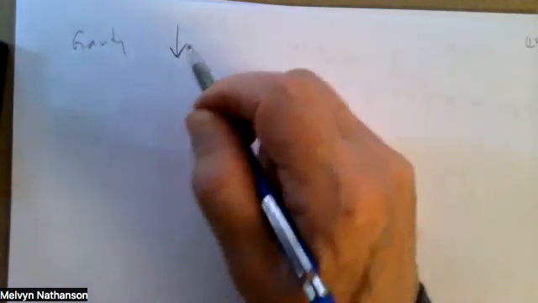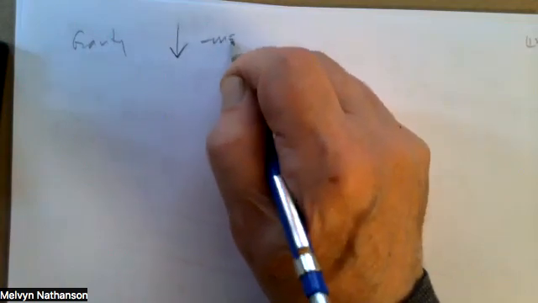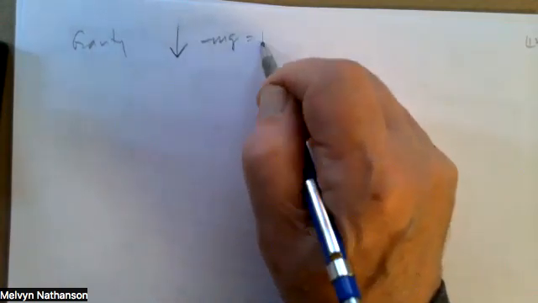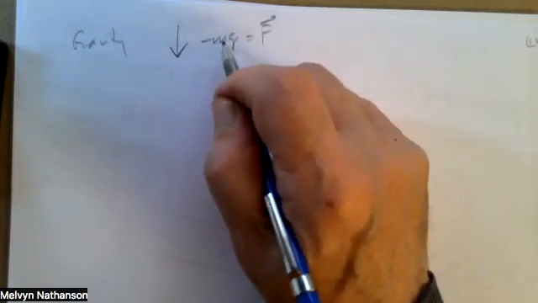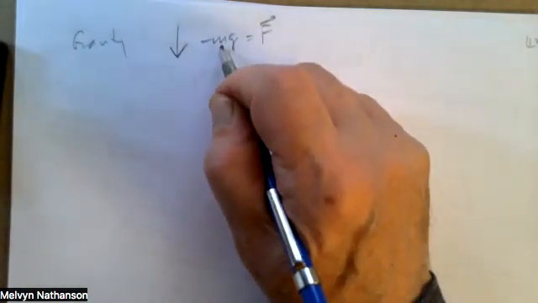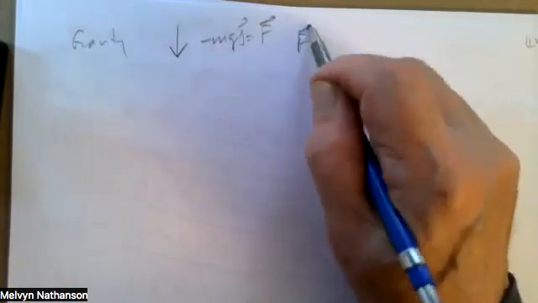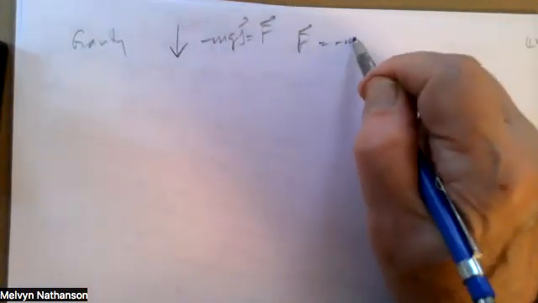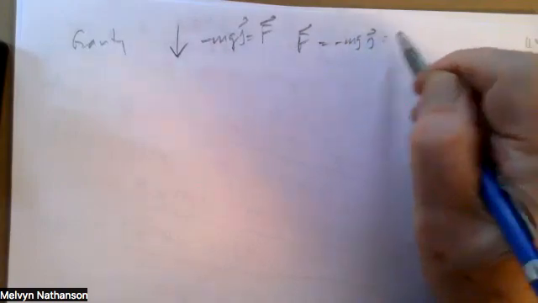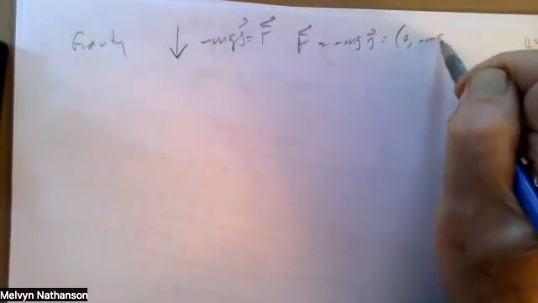So the simplest force is gravity. Gravity is a force pointing downwards. This is the force of gravity. Minus, if you're working in the plane, this is minus mg j. Or if you want to write in coordinates, so force is minus mg j, or 0, minus mg.